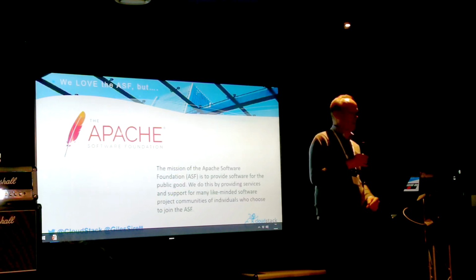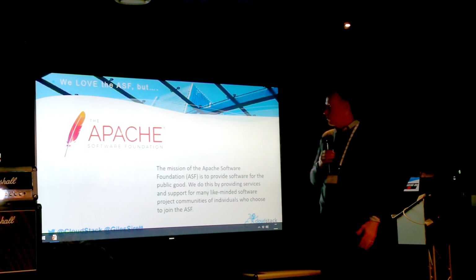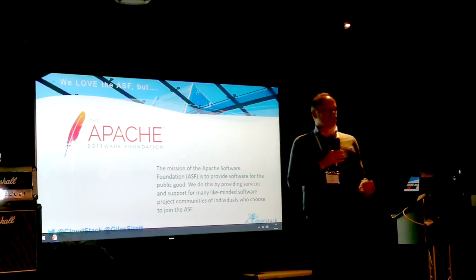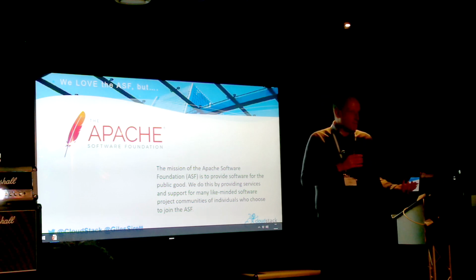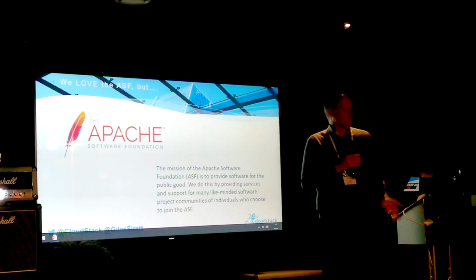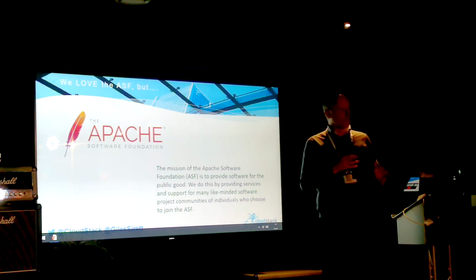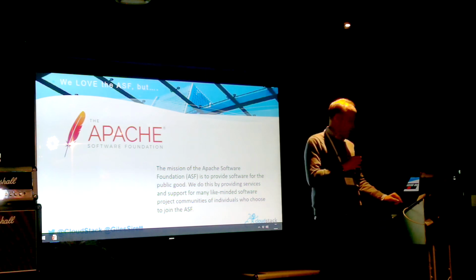Apache, which is a foundation we all know and we all sort of love to a certain extent, in summary, the mission is to give away software for the public good. That's it. That's the only mission. There's nothing about developing markets, ubiquitous, or anything like that. It's like, go build some software and give it to people. That's all we want you to do. Okay? So, because of that, that partly contributes to why we've had this perception problem over the last few years.